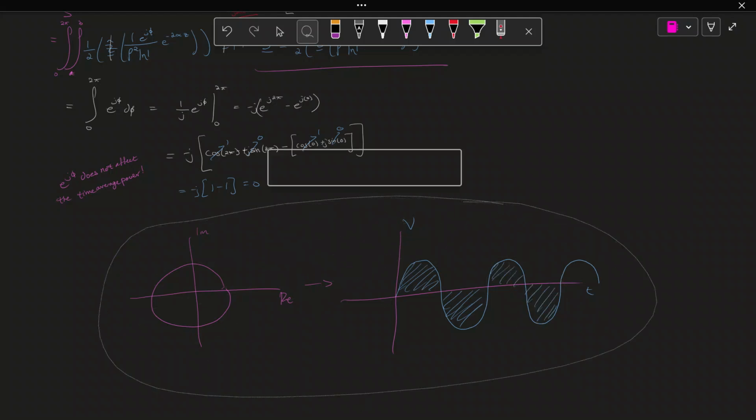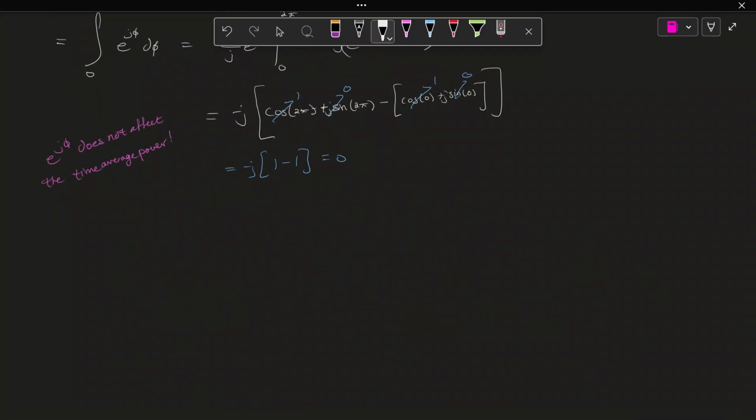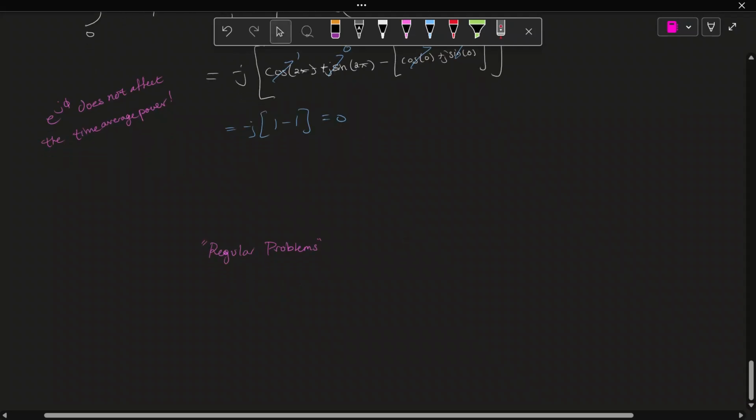Something else you can think about: in regular problems, you don't usually have a j phi, or an e to the j phi. You usually just take the integral from 0 to 2 pi of 1 d rho. This becomes 2 pi. But what does that mean?